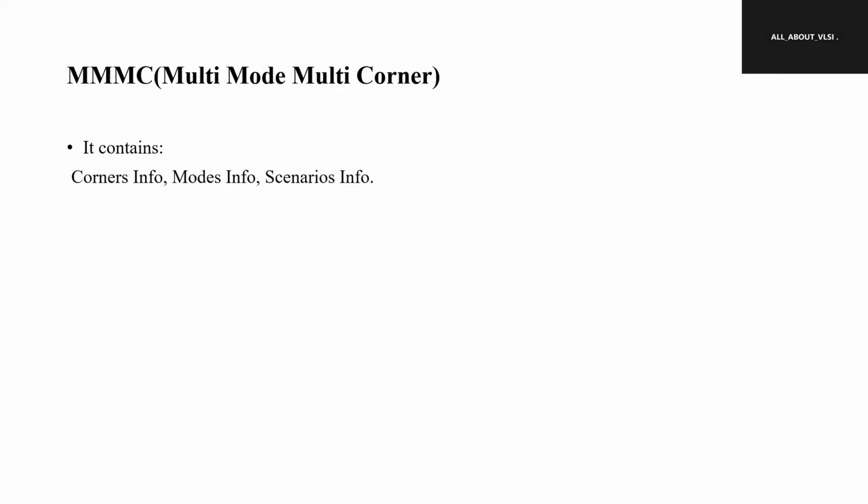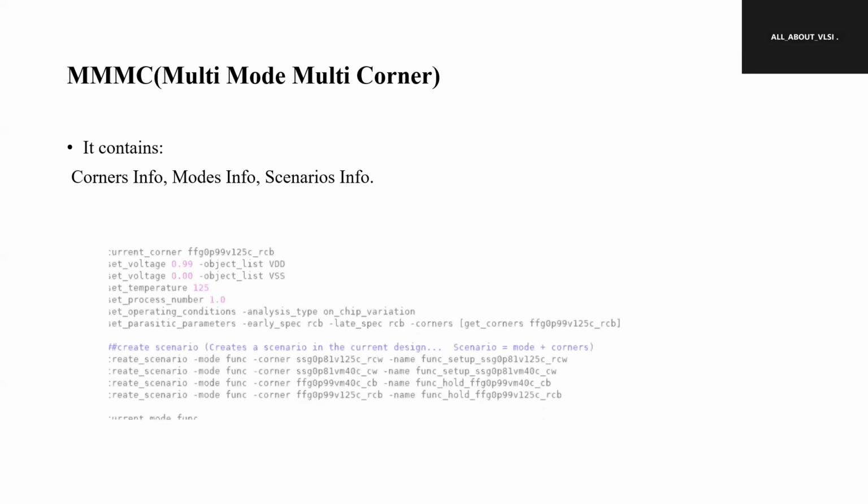It contains two modes, func mode and scan mode, and it has five corners: RC best, RC worst, C best, C worst, and typical. One mode and one corner is called one scenario. We are checking every scenario to meet timing and performance, using this MMMC.